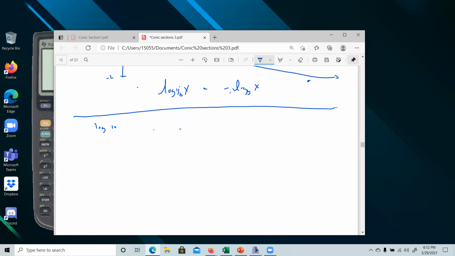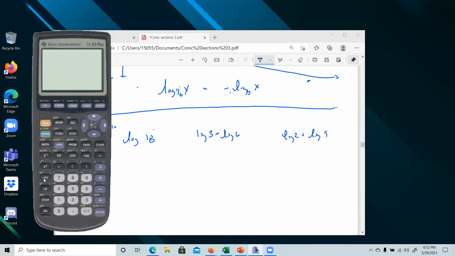So I'd really like us to figure out, what is the log of, say, 18? And then what is log of 3 plus log of 6? What is log of 2 plus log of 9? Okay, so we'll do log of 2.